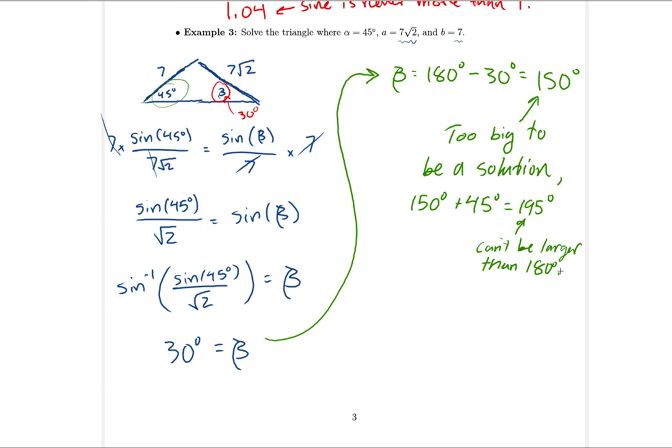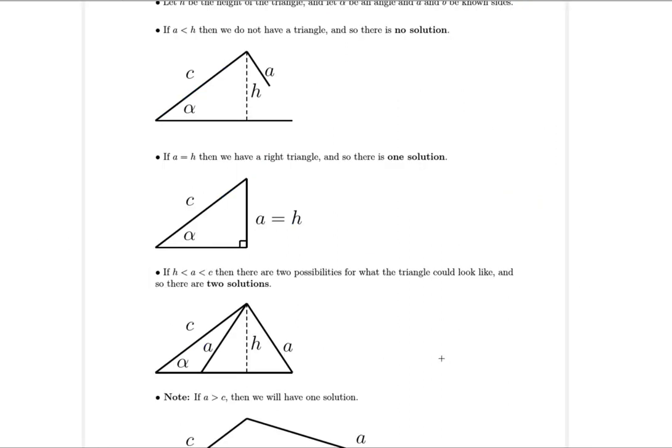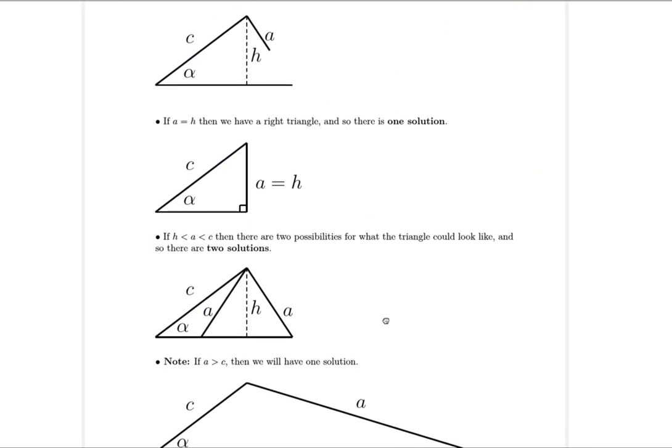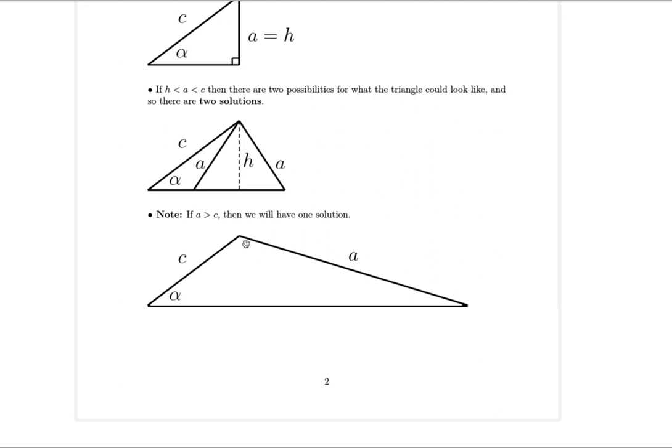So what we're finding here is that this idea of taking 180 minus the original actually does not lead to a second solution. But that's okay. All that means, going back to our previous pictures, is that we're in this last scenario where A is just too big compared to C to be able to swing it through and find a second triangle.